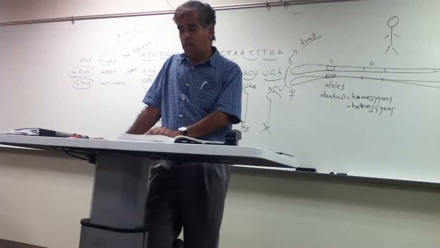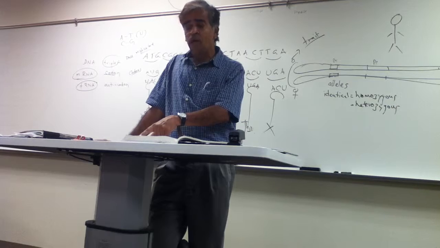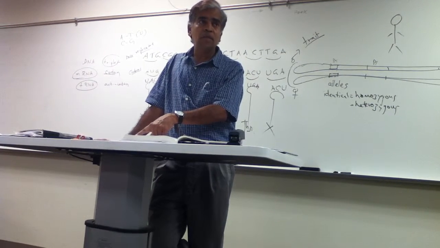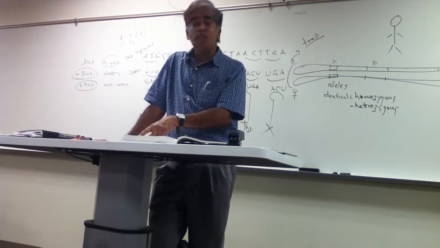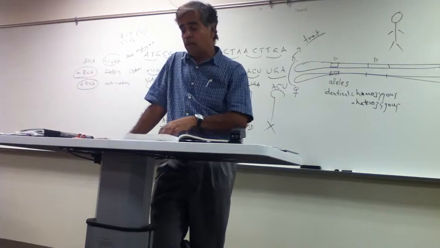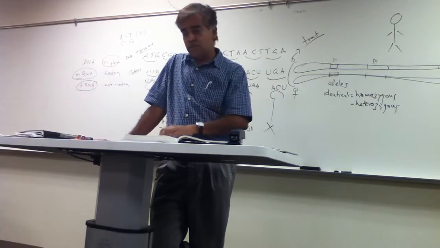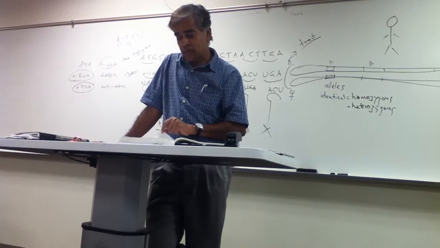But in a male, if you are having only the lowercase c, you don't see the uppercase C, so something is missing. As long as you have an uppercase C, that will dominate and the vision will be normal. But in case of color blindness, you will see the recessive gene expressing itself.